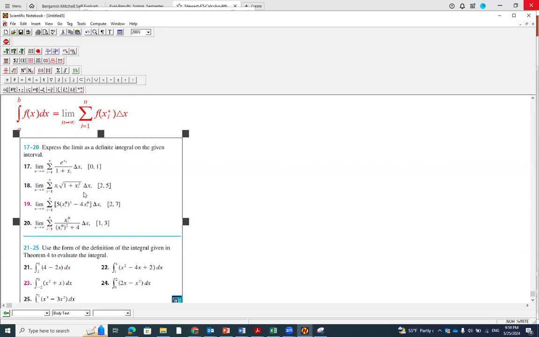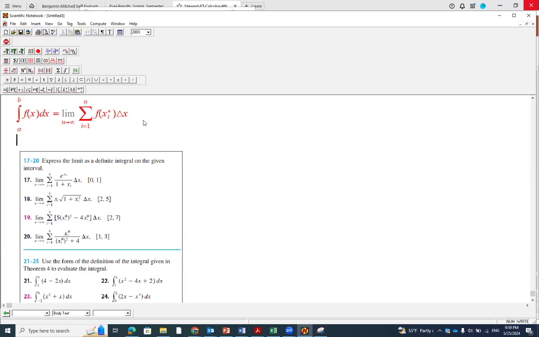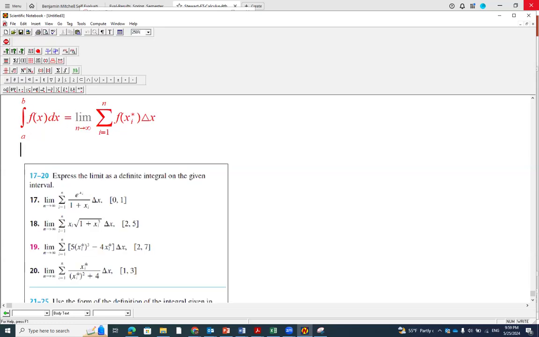For example, the first set, from 17 to 20, we are asked to identify the function and express the limit as a definite integral. Take one of these, for example. Take 18. Make the font a bit larger.